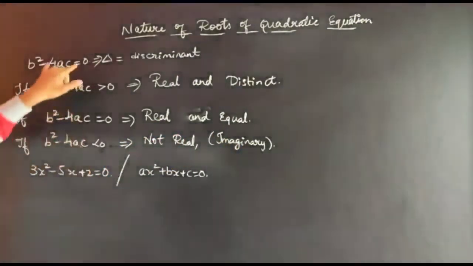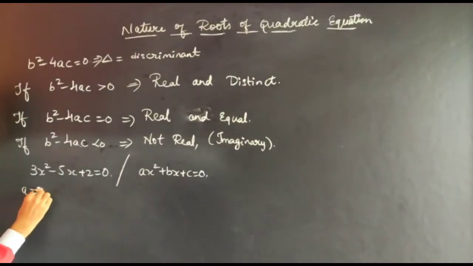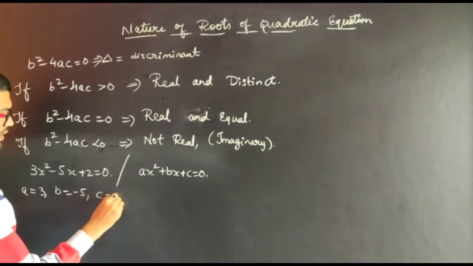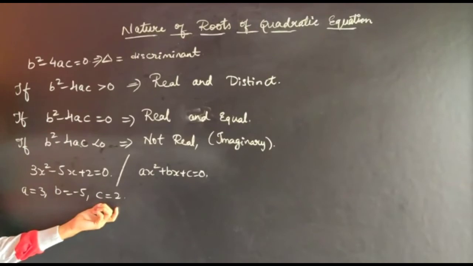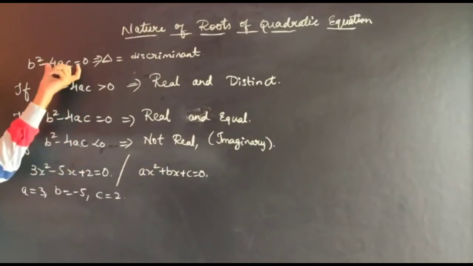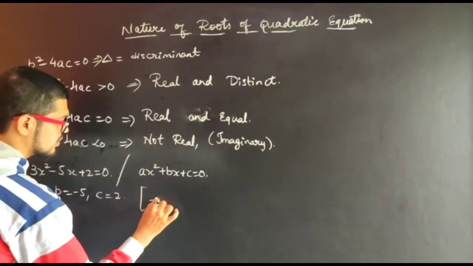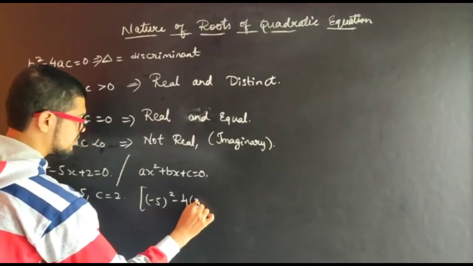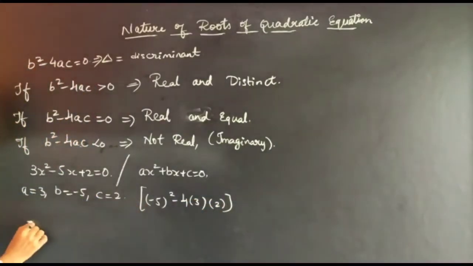Just find the delta value. What is a here? a is 3, very good. b is minus 5, c is 2. Now, we have the a, b and c values. Just substitute them in the discriminant. That is minus 5 whole square minus 4 into 3 into 2.